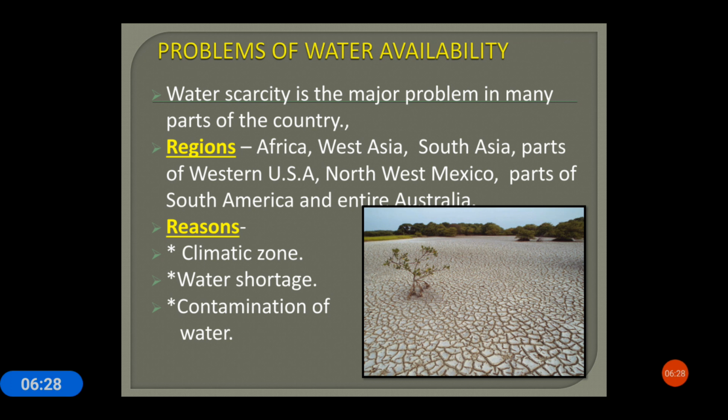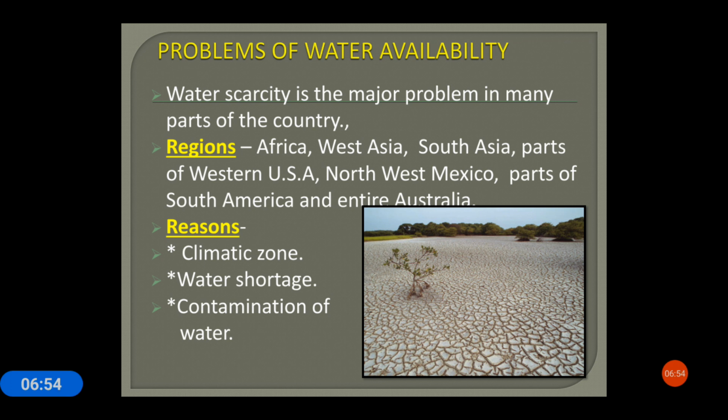Climatic zone, first one. Countries most susceptible to droughts face great problems of water scarcity. Water shortage may be a consequence of variation in seasonal or annual precipitation, or the scarcity is caused by over-exploitation.